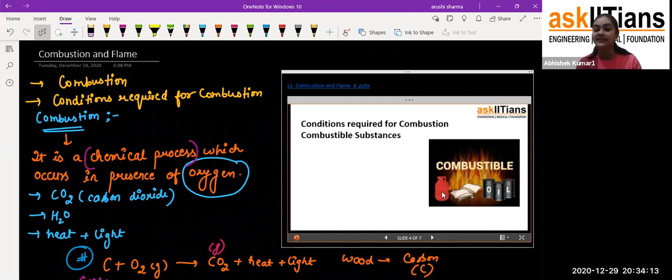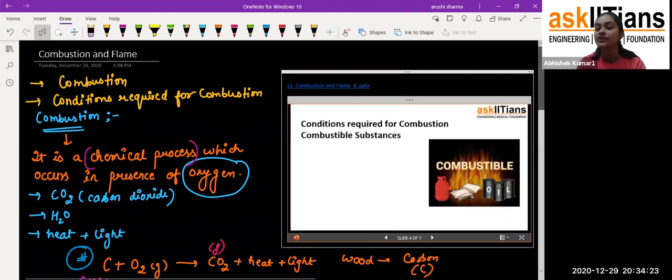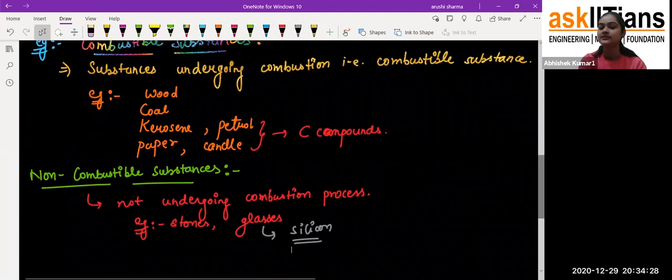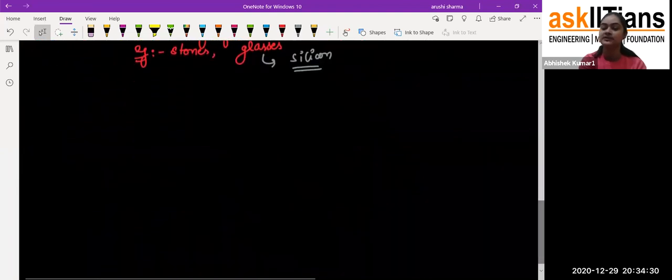There will be an explosion and it will harm us. So LPG is also a combustible substance. Paper, you can see, I have already given you the example. Oil, like I told you about kerosene oil, petrol. These are the examples of combustible substances.